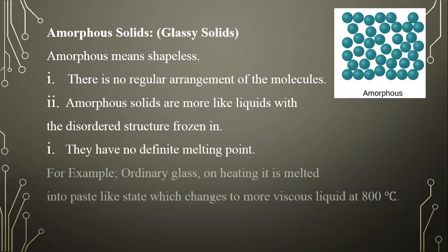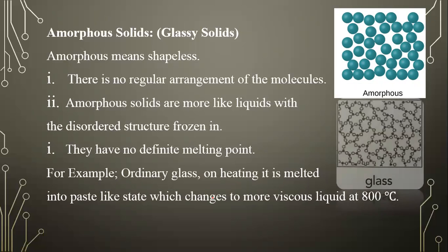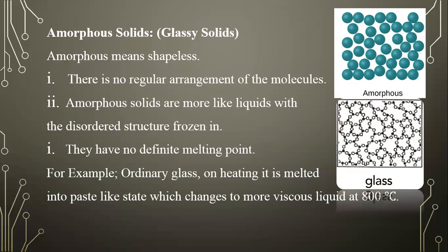For example, ordinary glass at ordinary temperature has disordered structure. On heating, it starts melting. जब आप इसको हीट करेंगे तो ये मेल्ट होगा into paste like state. Initially it would be in the paste like state, and then it changes to more viscous liquid at approximately 800 degrees centigrade.